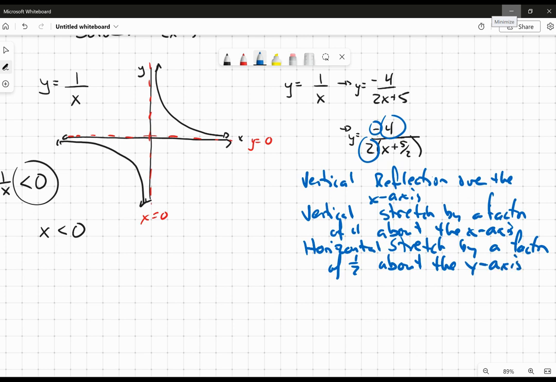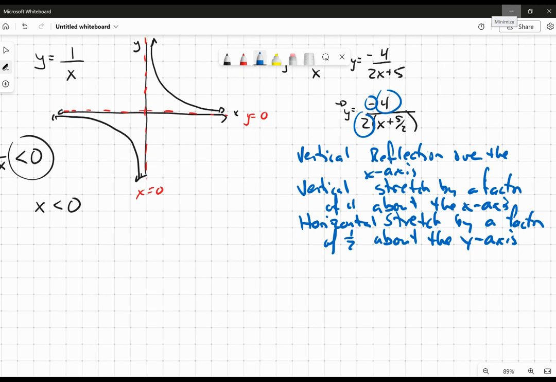And again, someone could ask, could I have just simplified, gone 4 divided by 2? Yeah, I could have. But I'm pulling these out the way I think a lot of you will see it instantaneously here. And then that plus 5 over 2 there is a horizontal translation, 5 over 2 units to the left.